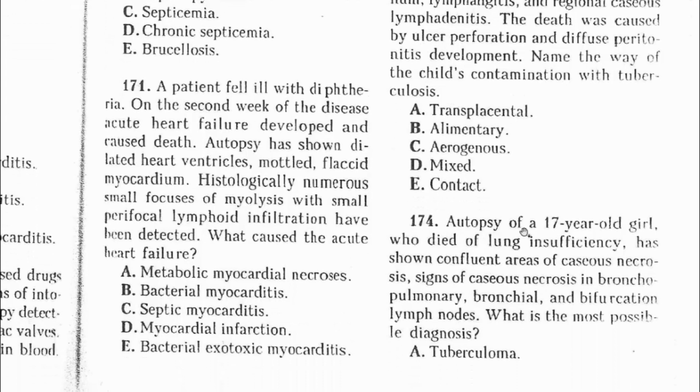74. Autopsy of a 17-year-old girl who died of lung insufficiency has shown confluent areas of caseous necrosis, signs of caseous necrosis in bronchopulmonary, bronchial, and bifurcation lymph nodes. This is the bronchial tree. So what is the most possible diagnosis?